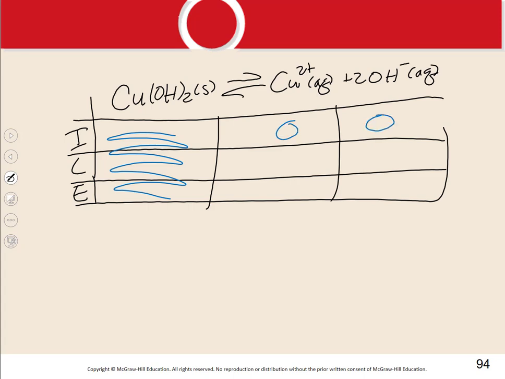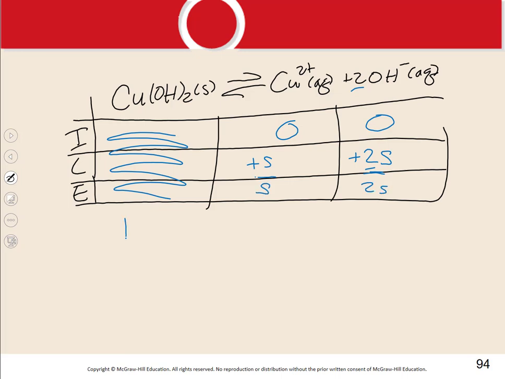In our change column, what's going to go in for copper? Plus S, good. What's going to go in for hydroxide? Good, plus 2S. Again, because there are 2 of them, so we need plus 2S there. So that's going to be S, and that's going to be 2S.